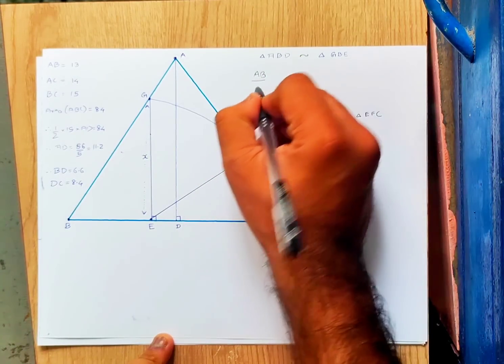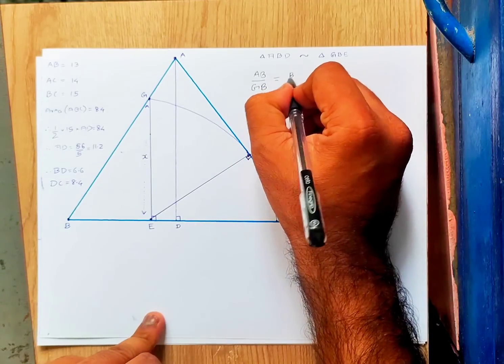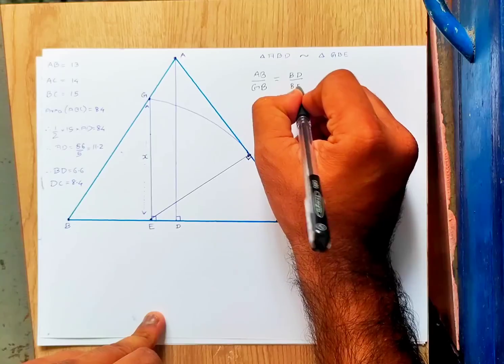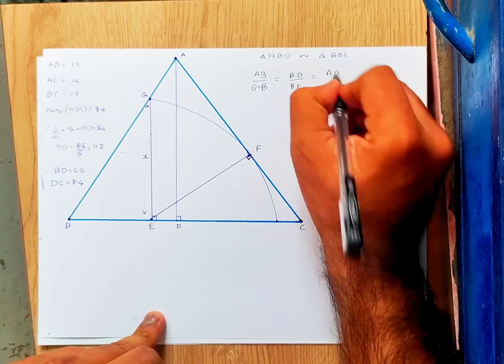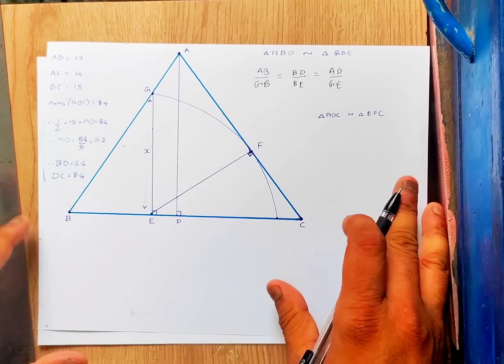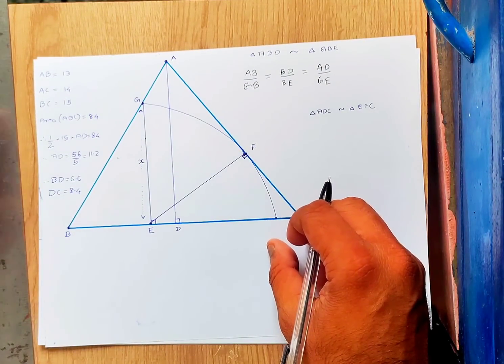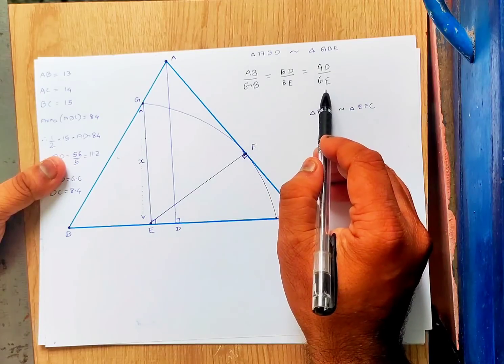So AB by GB is equal to BD by BE is equal to AD by GE. I have assumed that the radius of the quarter circle is X, which is GE. So I'm going to focus on this equation.